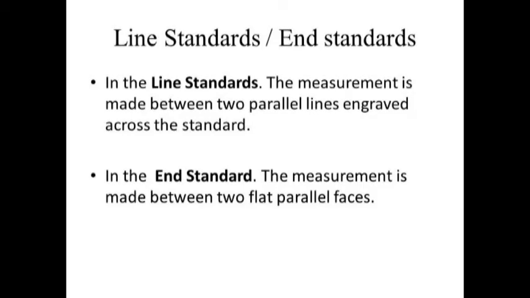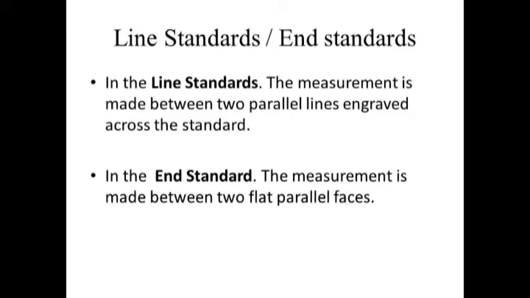In the line standards, when the length is measured as a distance between the centers of two engraved lines, it is called a line standard. Both material standards, yard and meter, are line standards. The most common example is the rule with divisions, shown as lines marked on the instrument.